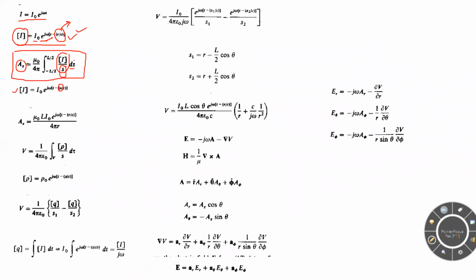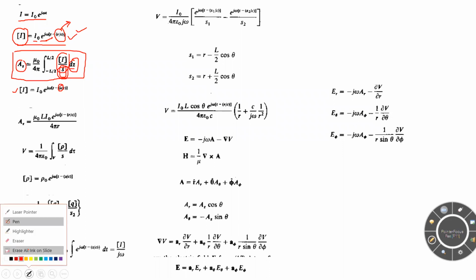Since we are considering a small elemental length dz, the distance parameter is s. Therefore this gets replaced with s by c. So this is the vector retarded potential, where the I in the bracket is nothing but the retarded current due to the small elemental length of the dipole. If you integrate this, you will get the overall retarded potential.